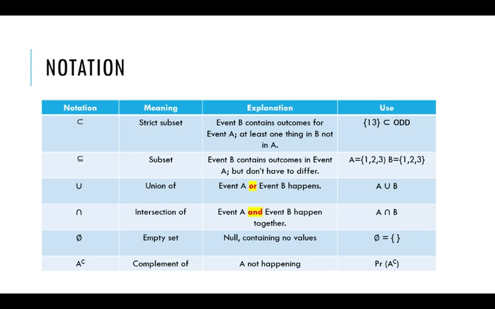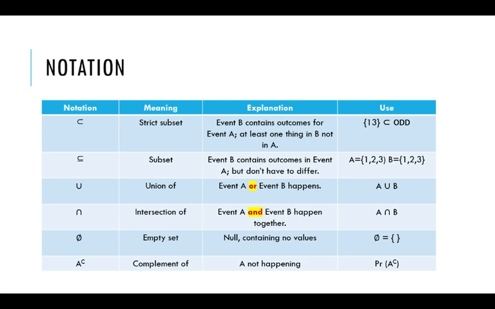Then we have our 0 with the slash through. We said that's our empty set, our null set, meaning it contains no values. And we've got A with the C superscript, meaning complement of. It means not A. So what's the probability of A not happening?